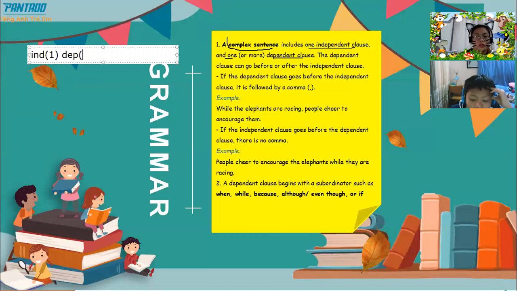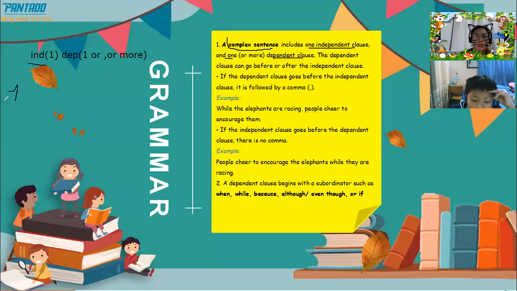Let me put one or more. And it could be independent first and then followed by two dependent, or it could be two dependent first followed by one independent. So that is what the structure might look like.